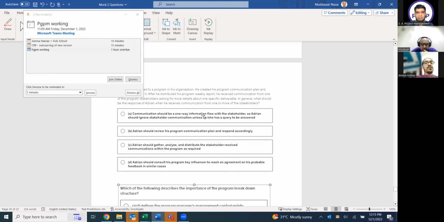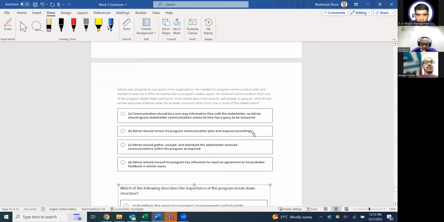A: Communication should be a one-way information flow. This is rejected. B: Adrian should review his program communication plan and respond accordingly. Yes, this is good. C: Adrian should gather, analyze, and distribute the stakeholder received communication whether the program is required. D: Adrian should consult his program key influencer to reach an agreement on his probable feedback.